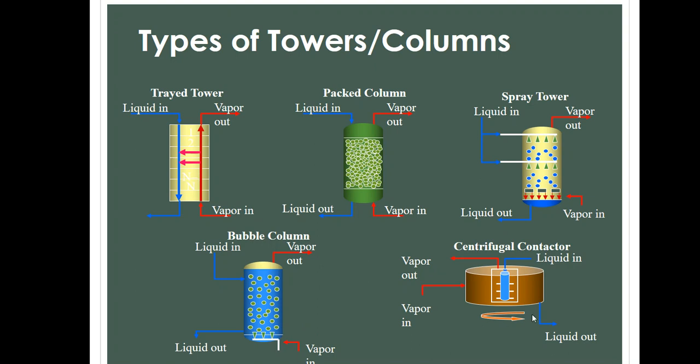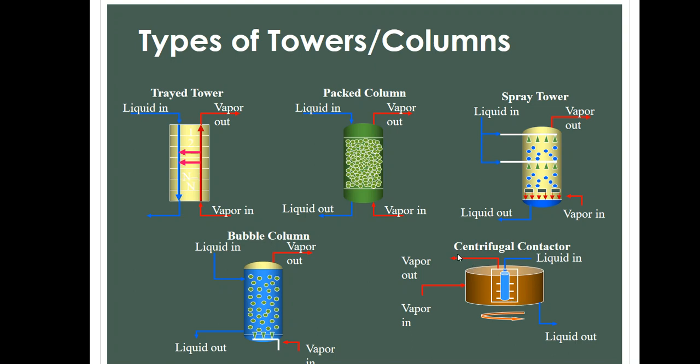This centrifugal contactor is not so common and its application is very specialized depending on the type of separation and the system that is to be processed. But nonetheless, aside from the contacting, so vapor is still being introduced below and liquid is being introduced on top, we have the presence of an additional force, and that is the centrifugal force that will enhance the separation of the desired component from the gas, transferring it to the liquid solvent.